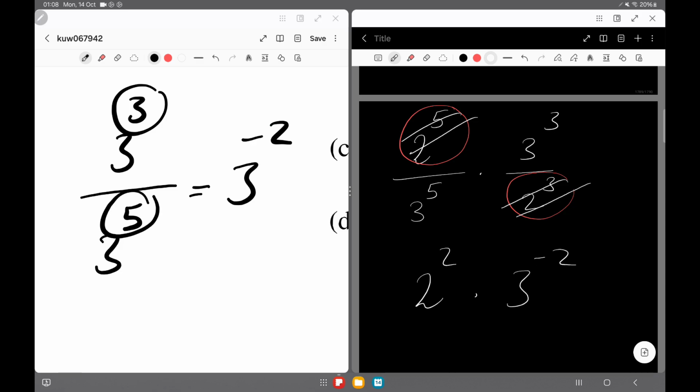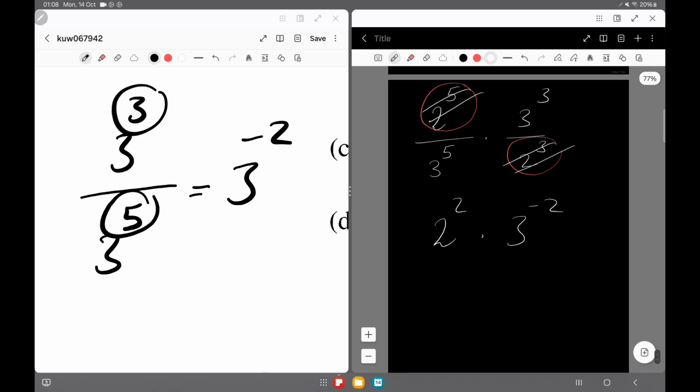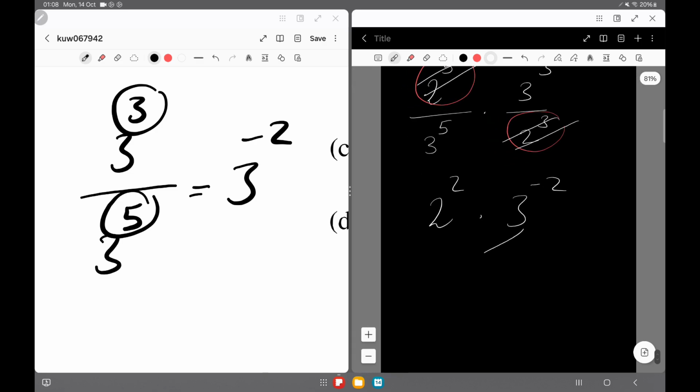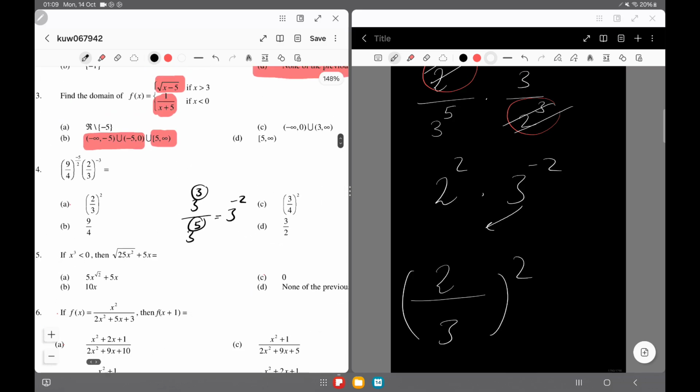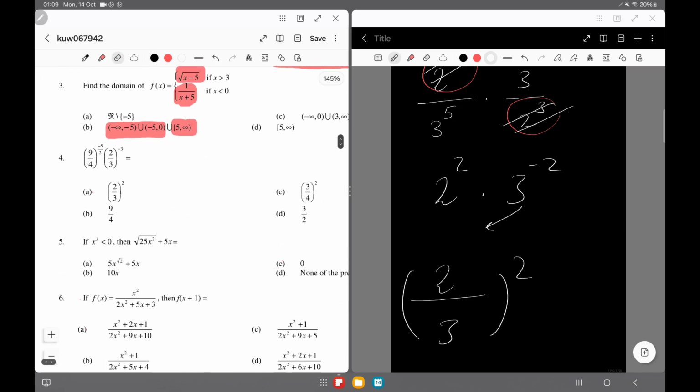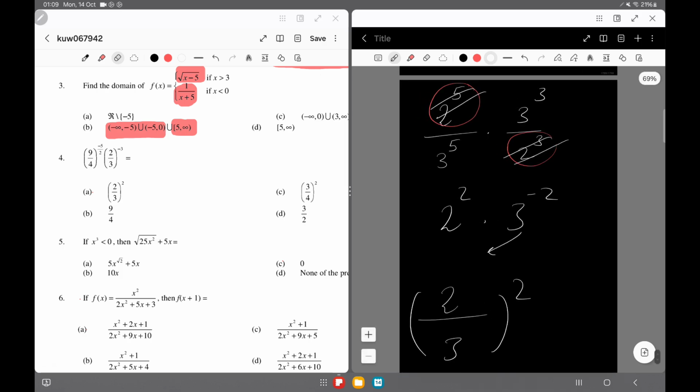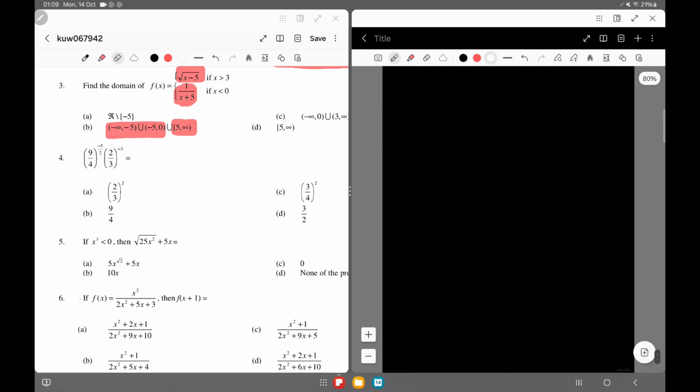I don't like negative powers, so we just make it down: 2 squared over 3 squared. Both have the same power of 3, so I can remove this and this. It's not a big deal, okay? So the answer is number A, the right answer. I hope you understand this very well.